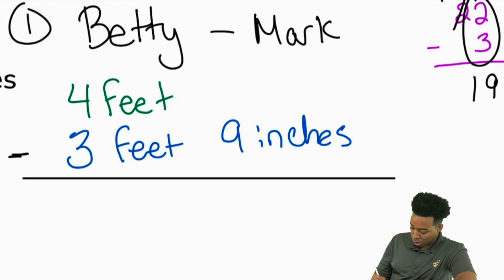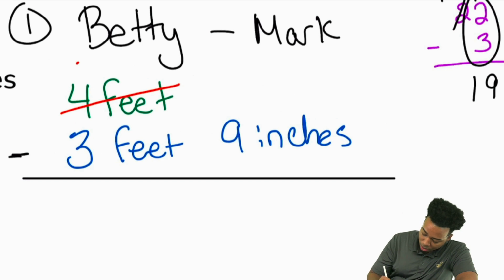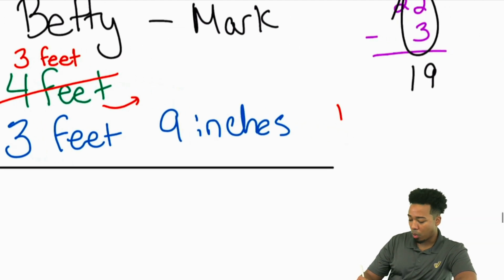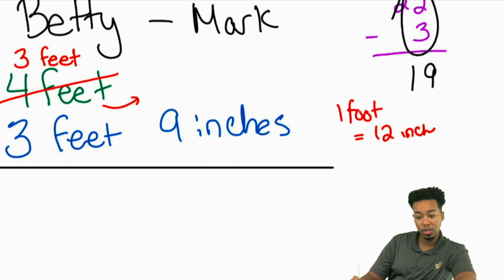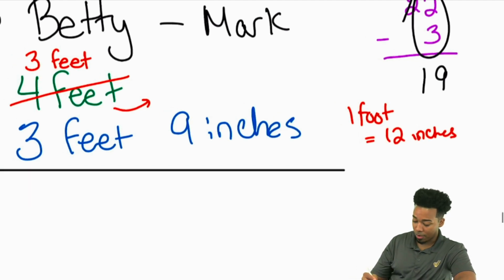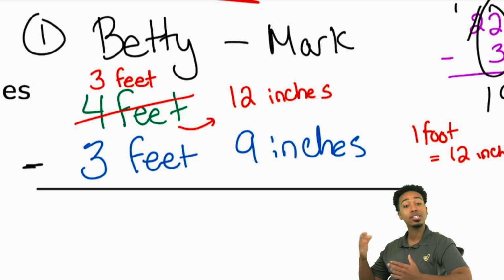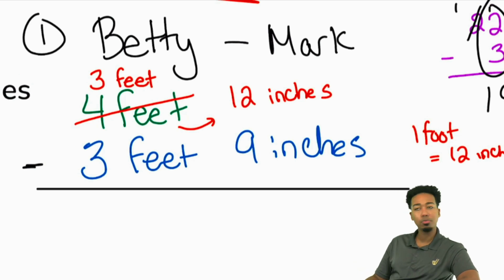So if I were to borrow a foot to make that 3 feet, and I put 1 foot over here, well, remember everybody, 1 foot is how many inches? 12 inches. So what that means is if I borrowed 1 foot, I borrowed 12 inches. It's the same thing. I borrowed so that I can see the calculation done much, much easier.